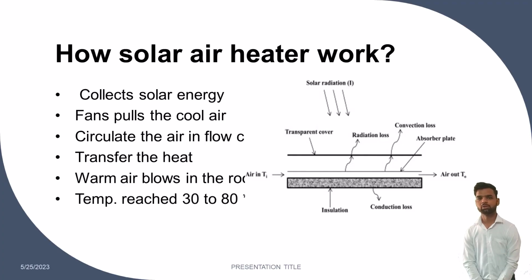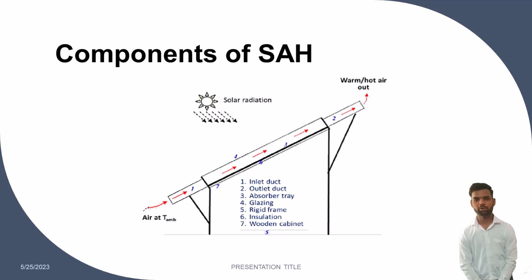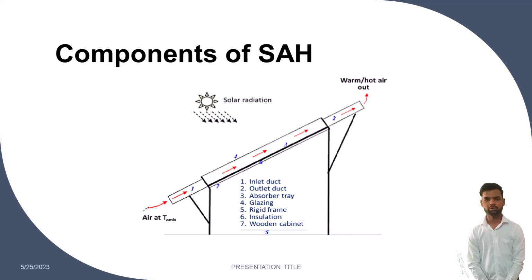It consists of 7 components which are shown in the diagram. At the entering point, inlet duct; at the exit point, outlet duct; top side, absorber tray, glazing, rigid frame; in the bottom side, insulation; and a wooden cabinet is used for a complete solar air heater basic structure, which is shown in the figure on the slide.